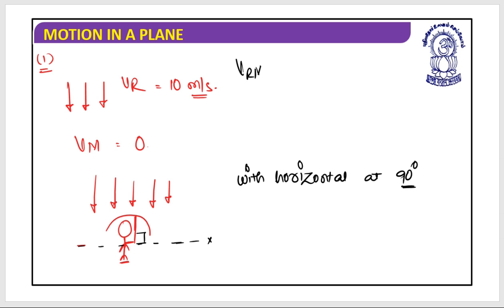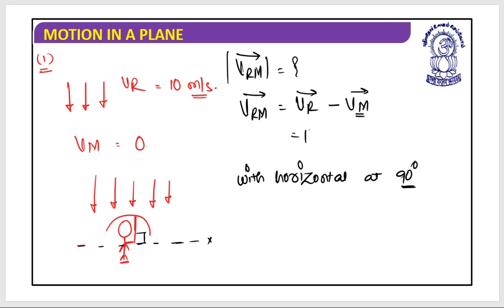And what is the magnitude of rain with respect to man? Then VRM is VR minus VM. In this case my velocity of man is already 0 and VR is 10 j cap. Ideally it is minus 10 j cap, but here we are interested in magnitude only. So VRM is equal to 10 meter per second.